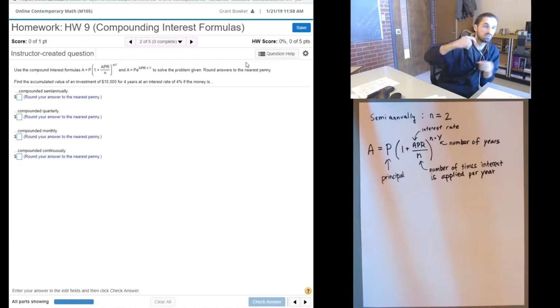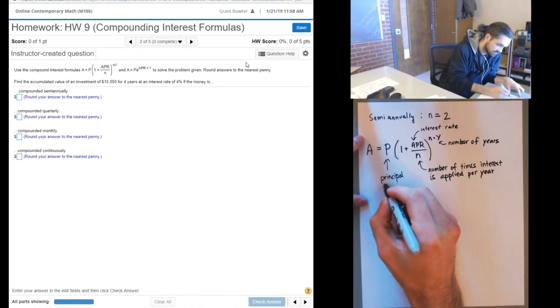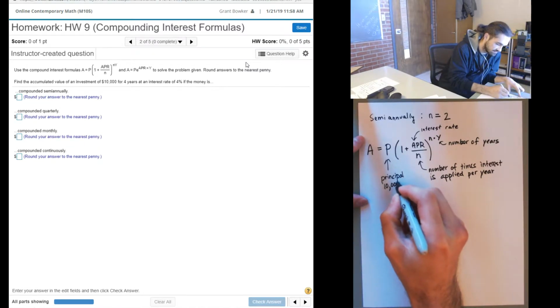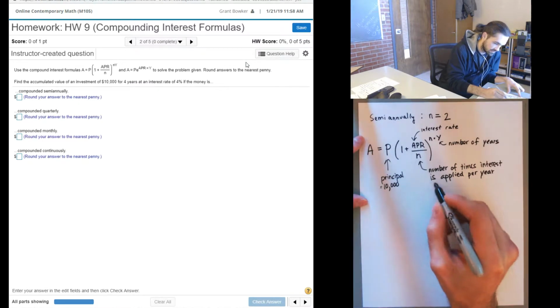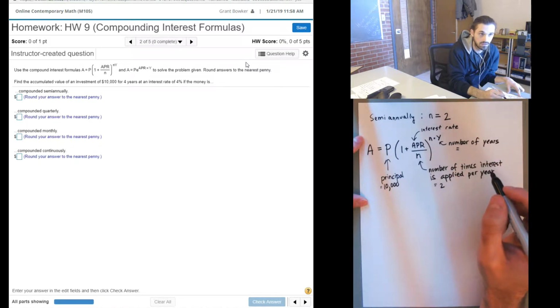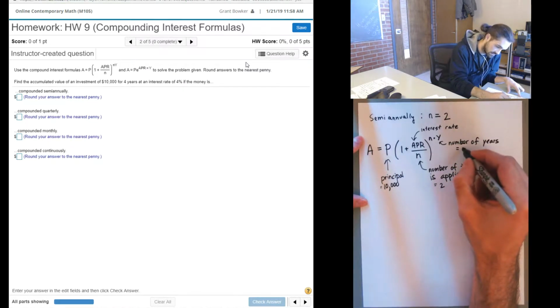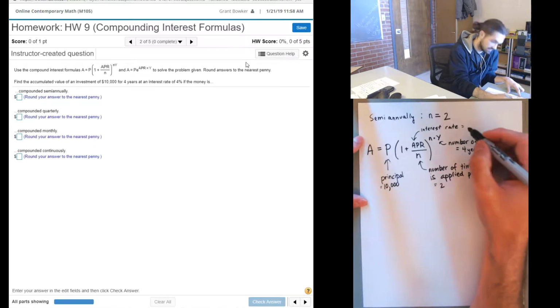So we're told find the accumulated value of an investment of $10,000. So this principal is going to be 10,000. Number of times interest is applied per year, well, semi-annually, N is 2. The number of years we're doing this, we're told the 10,000 sits for 4 years. And lastly, the interest rate we are given is 4%.